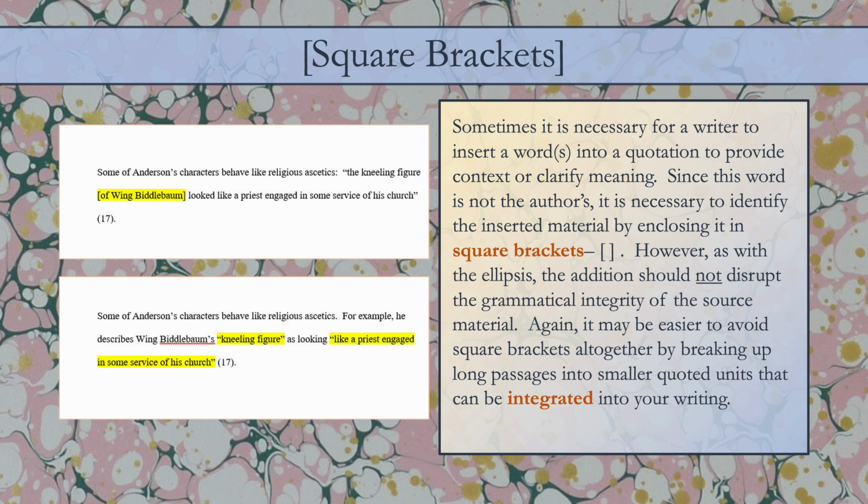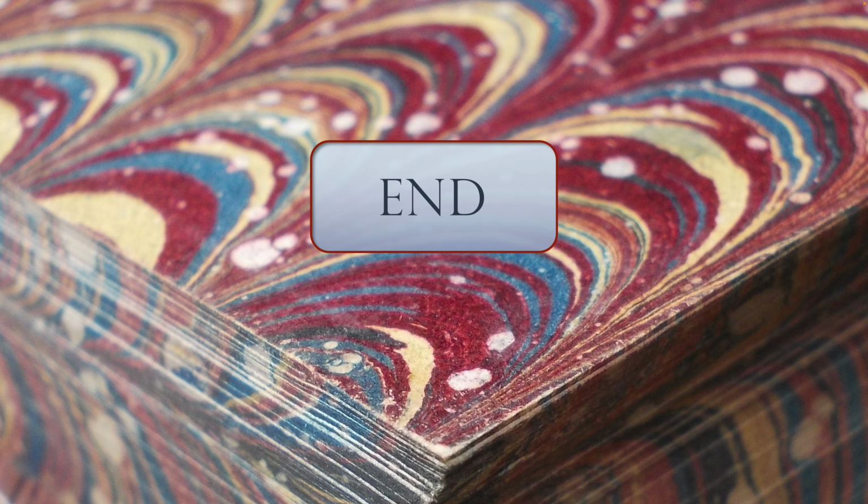I just break up the quote into smaller units, and that allows me to identify the figure without having to insert it into the quote with square brackets. This is called integration, and we will be talking about that in the second part of this series.